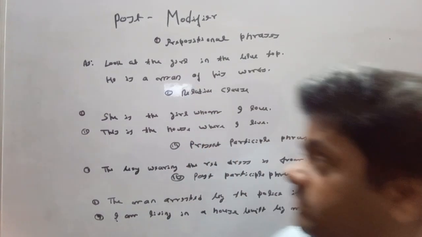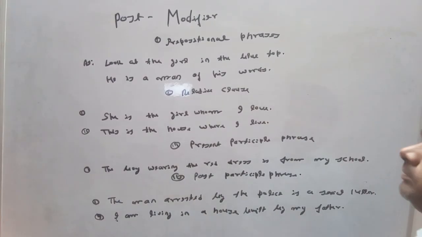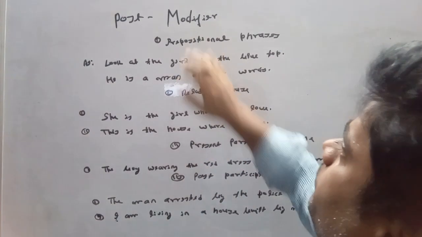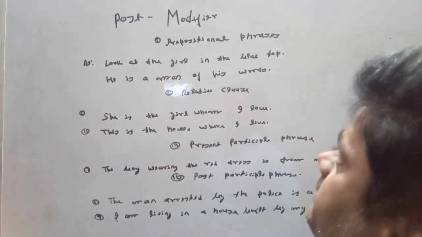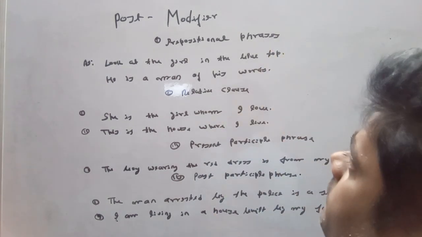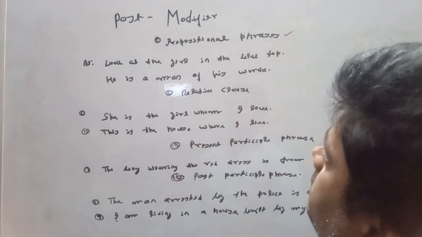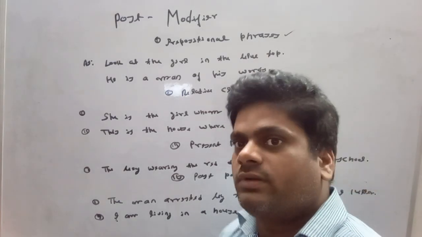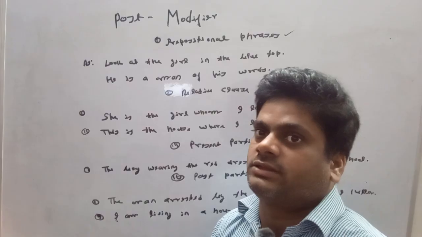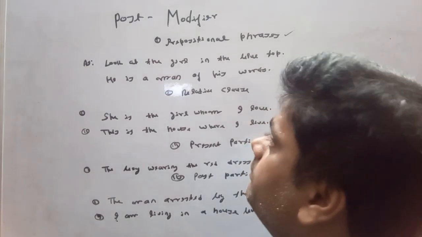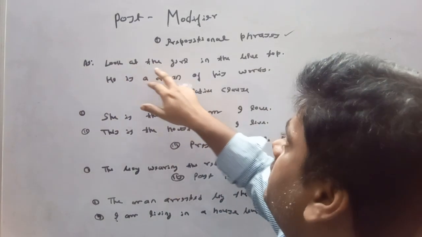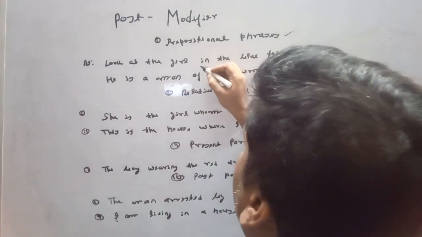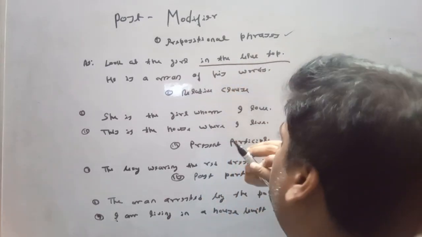So guys, please look at these sentences. Prepositional phrases. First of all, we will talk about prepositional phrases. Prepositional phrases can work as a post modifier in a sentence, and here the prepositional phrase is working as a post modifier in the form of in the blue top.